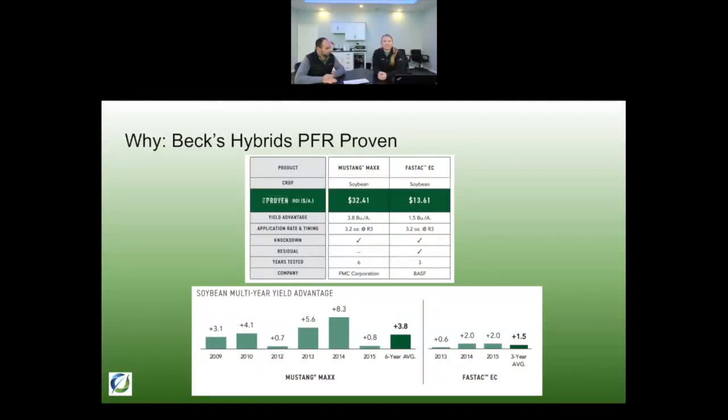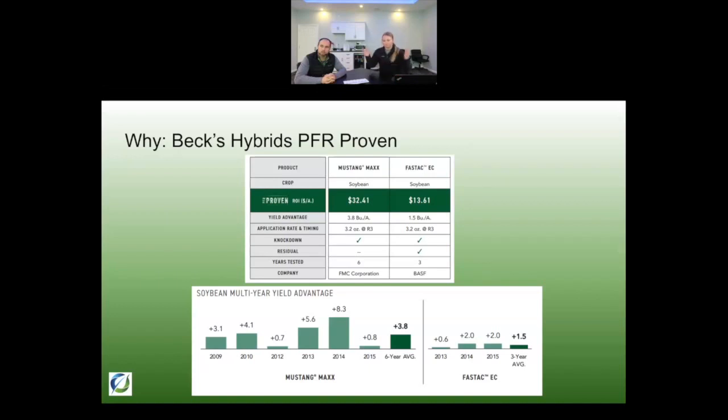So I'll turn it over to you to kick it off here. I'm going to talk a little bit about a PFR proven, a couple insecticides, and one thing I really want to hit on is the importance of R3 and pod fill and protecting that soybean crop if our thresholds are to that level. These are just a couple of the proven insecticides.